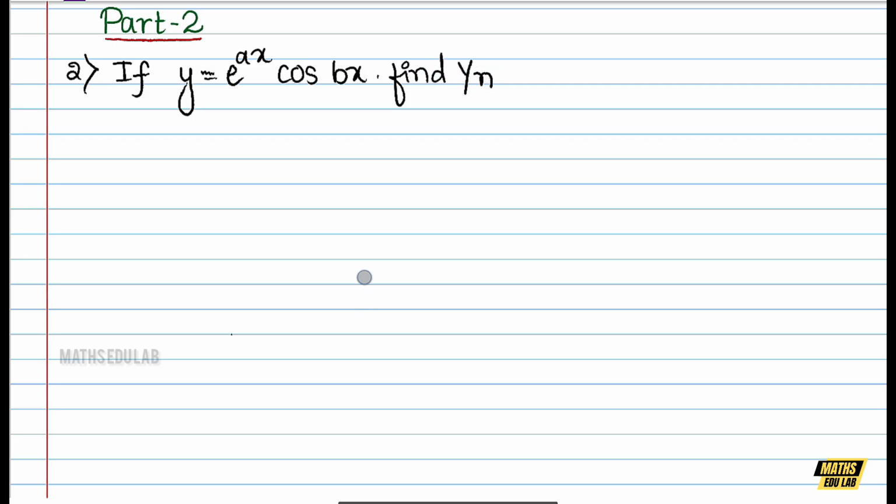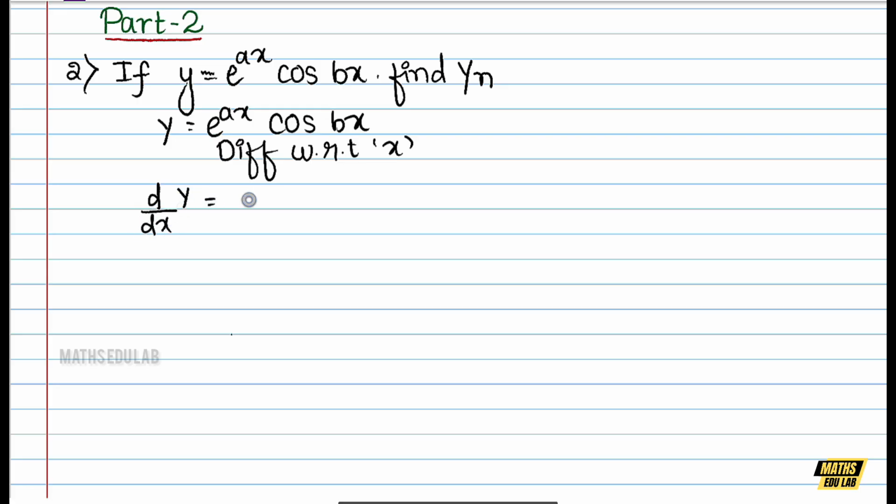So we will start by considering what is given: y is equal to e to the power of ax cos bx. For this we have to do the differentiation with respect to x. On differentiating, d by dx of y is equal to d by dx of e to the power of ax cos bx.